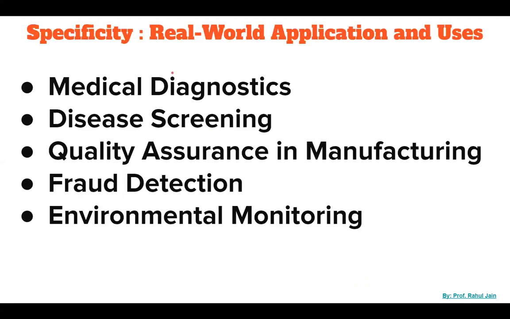So some real world applications of specificity, where we can use this metric, are medical diagnosis, disease screening, quality assurance in manufacturing, like how many bulbs are actually working and not working, or fraud detection in legitimate and non-legitimate transactions, and environmental monitoring, like which are pollutants and which are not pollutants, and like that, right?